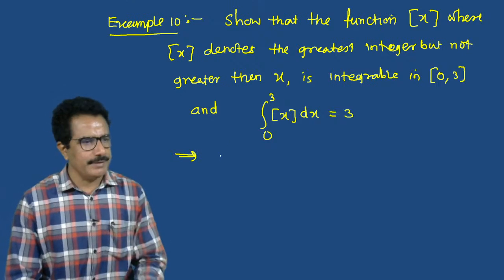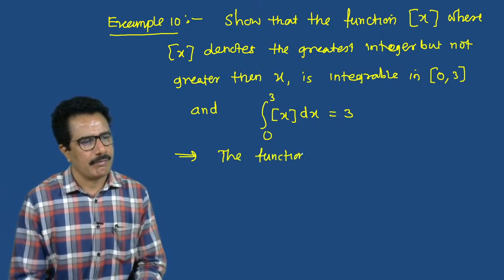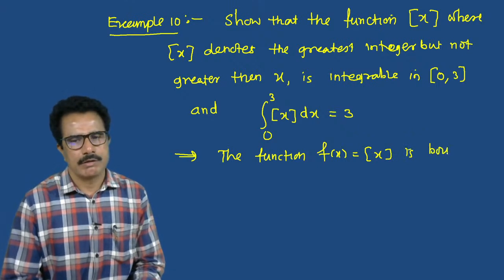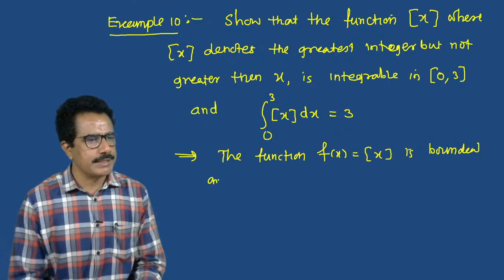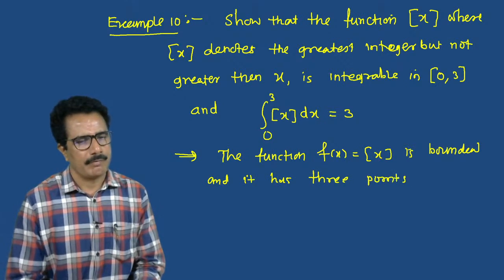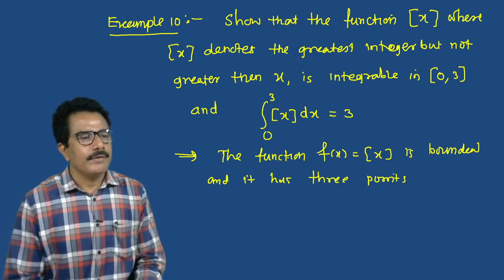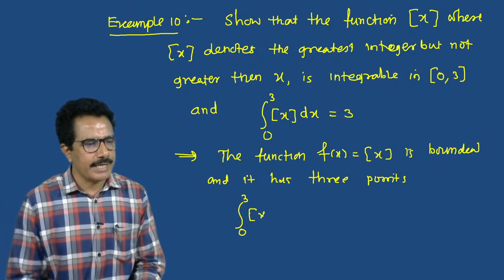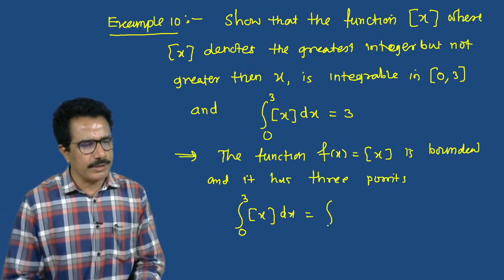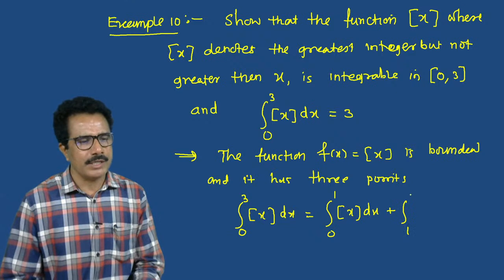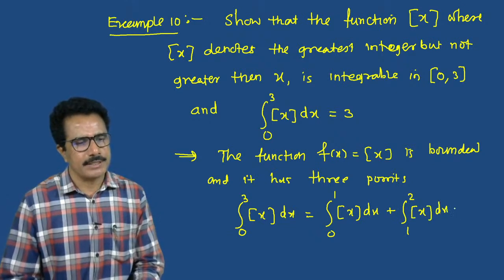See this, since the function f of x is equal to box x is bounded and it has 3 points, we can take the integral from 0 to 3 box x dx, which is equal to integral from 0 to 1 box x dx plus integral from 1 to 2 box x dx plus integral from 2 to 3 box x dx.